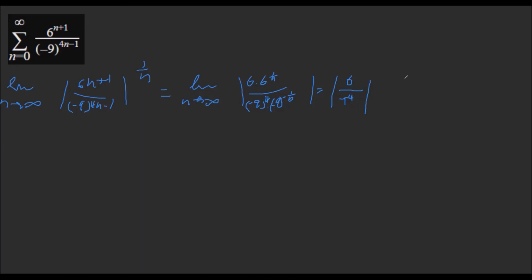And I don't have to simplify this any further, because I can easily see that this is less than 1. Since this is less than 1, the infinite series from n equals 0 to infinity of 6n plus 1 over negative 9 to the 4n minus 1 converges by the root test.